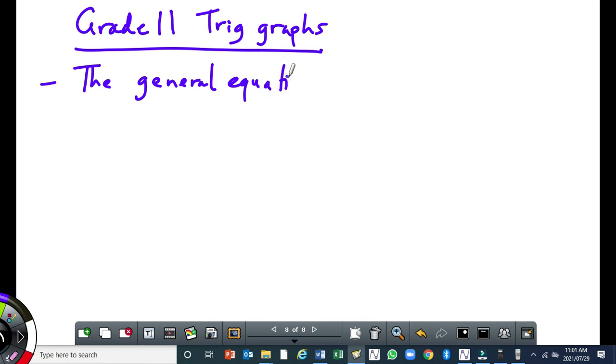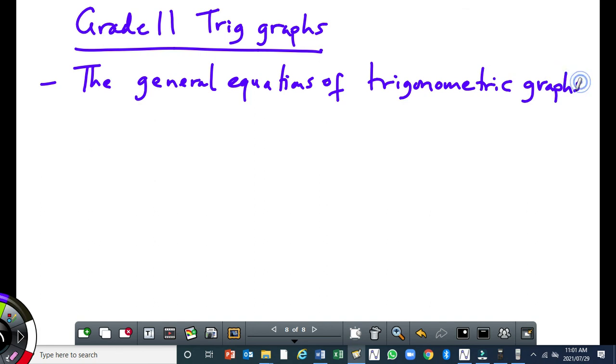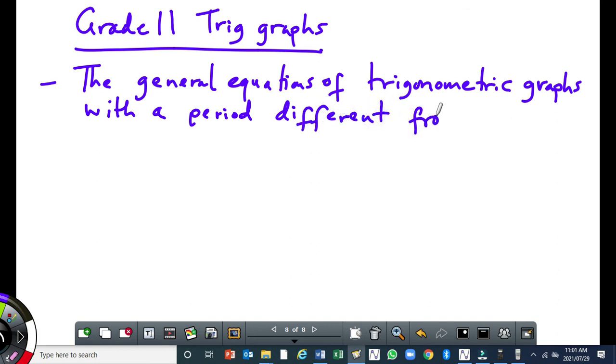The general equations of trigonometric graphs with a period different from the grade 10 graphs.